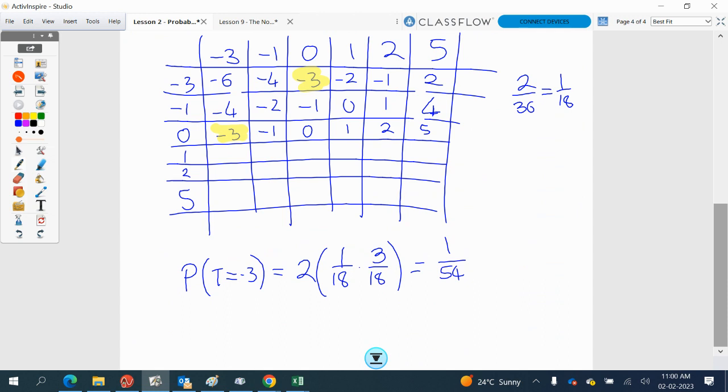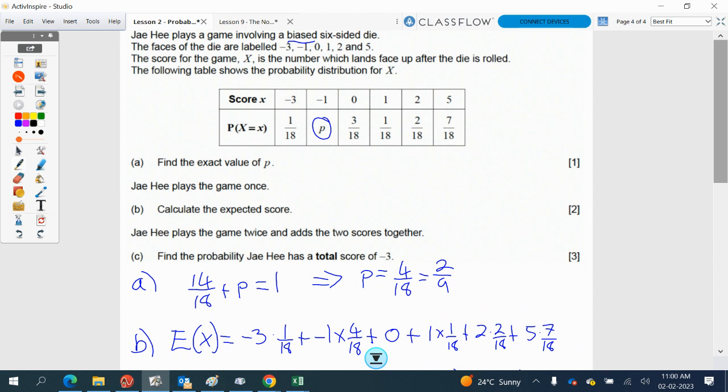But because it's not, we need to approach it like this. With this method we're assuming that each outcome is equally likely to occur, but it's not. At the start of the question, it says it's a biased die. So each of these probabilities is not 1 out of 6.